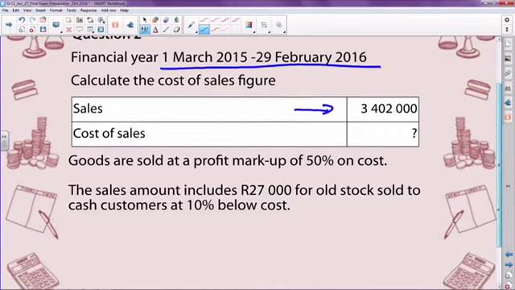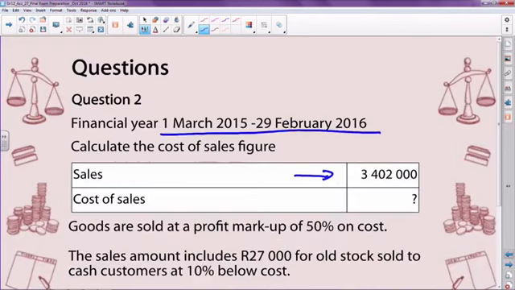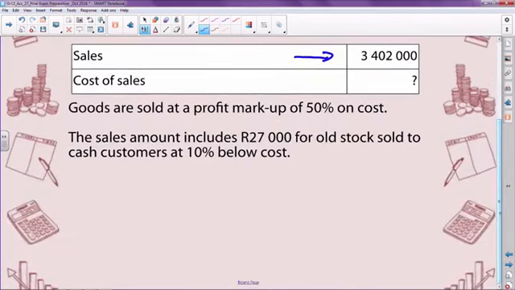Okay, so step number one, this is what we do. We say that my cost price, my markup, and my selling. Cost is 100, my markup is 50 given to me, my selling therefore is 150.